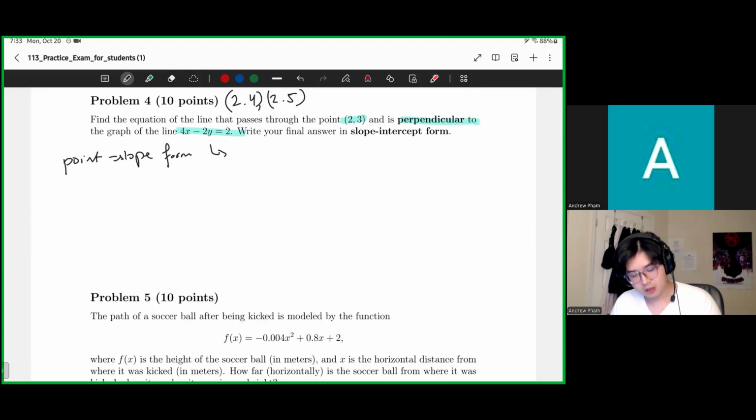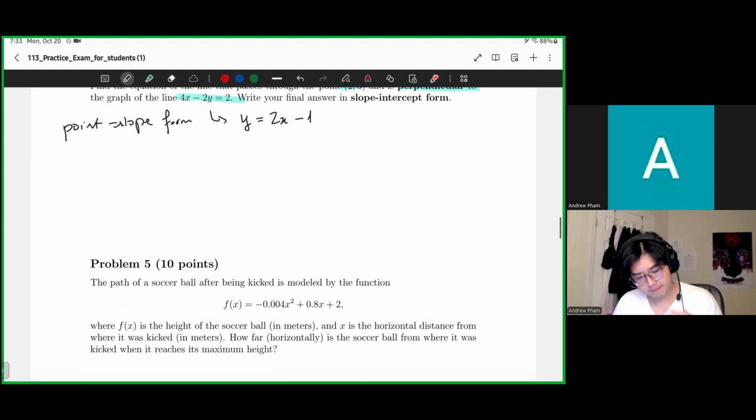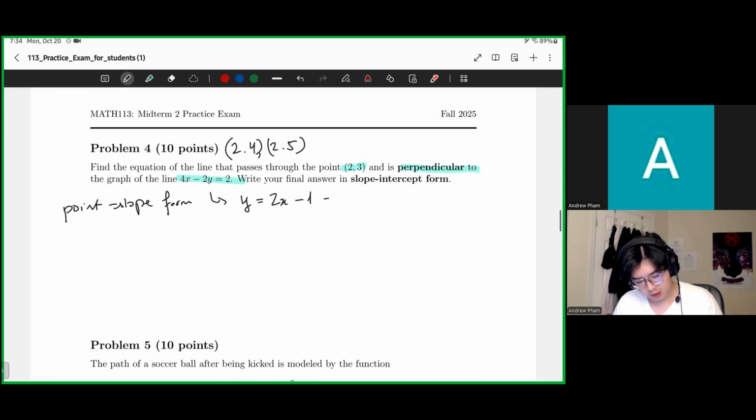So I'll leave it to you to verify that if you simplify and get y equals on one side, y is equal to 2x minus 1, right? If you isolate y. And so from this form, you can say that m is 2, the coefficient of x.